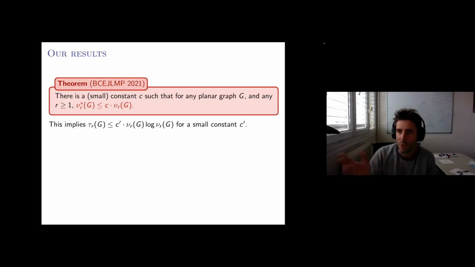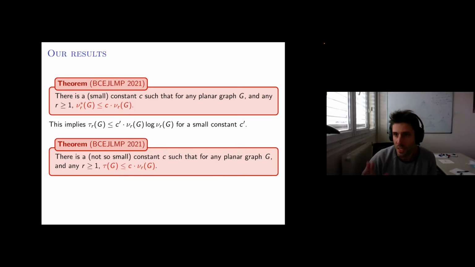And by a known result, this directly implies that tau is bounded by nu log nu with a small multiplicative constant. So you get an almost linear bound with a constant that doesn't depend on R, almost for free from this result. But then you can even get the right conjecture: tau is bounded by a constant times nu, with a constant that doesn't depend on R. And here the constant is much larger, unfortunately.